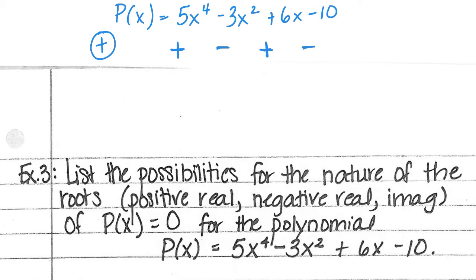And remember, we're working with Descartes' rule of signs. So we're looking at where these signs change. So notice from positive to negative, that's 1 change. Negative to positive is 2 changes. Positive to negative is 3 changes. So I know there is going to be 3 or possibly 1 positive root.